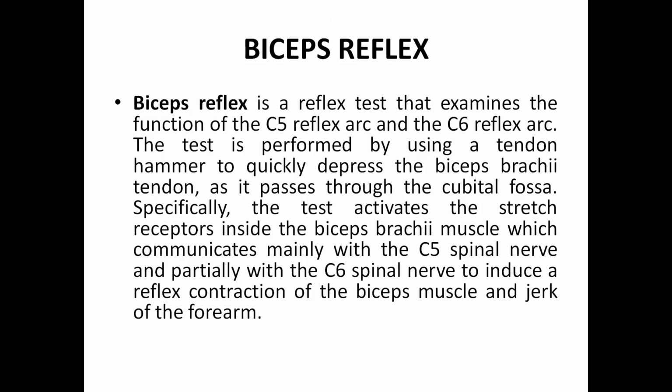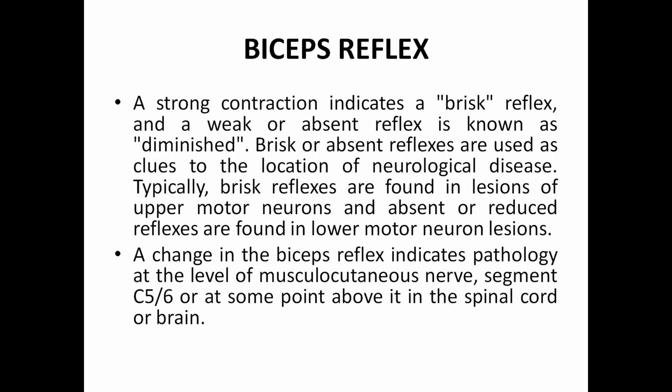The test activates the stretch receptors inside the biceps brachii muscle, which communicates with the C5 spinal nerve to induce the reflex contraction of the biceps muscle. As a result, a strong contraction indicates a brisk reflex, that is hyperreflexia. And if it is a diminished reflex, it would be either weak or absent.